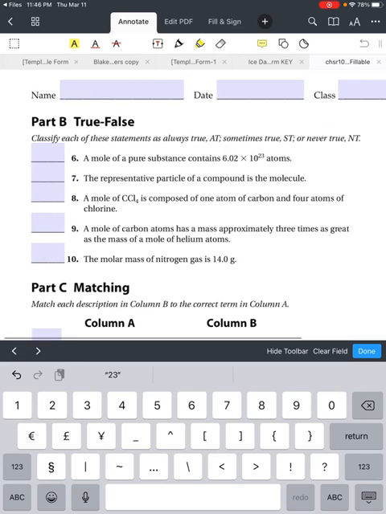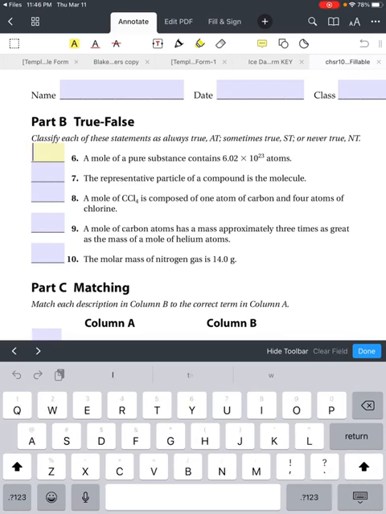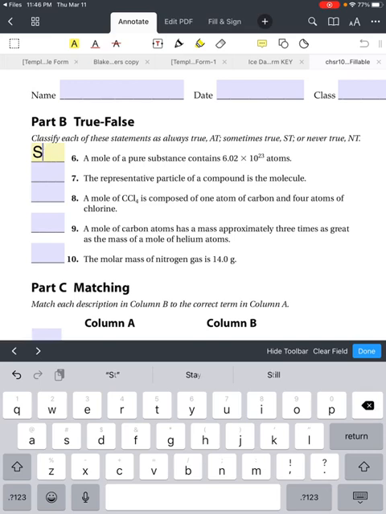true-false, conditional true-false questions. A mole of a pure substance contains 6.02 times 10 to the 23rd atoms, and that would be true if it's an element. But if it is a molecule or a compound, it may contain more, and frequently many more. A represented particle of a compound is the molecule.